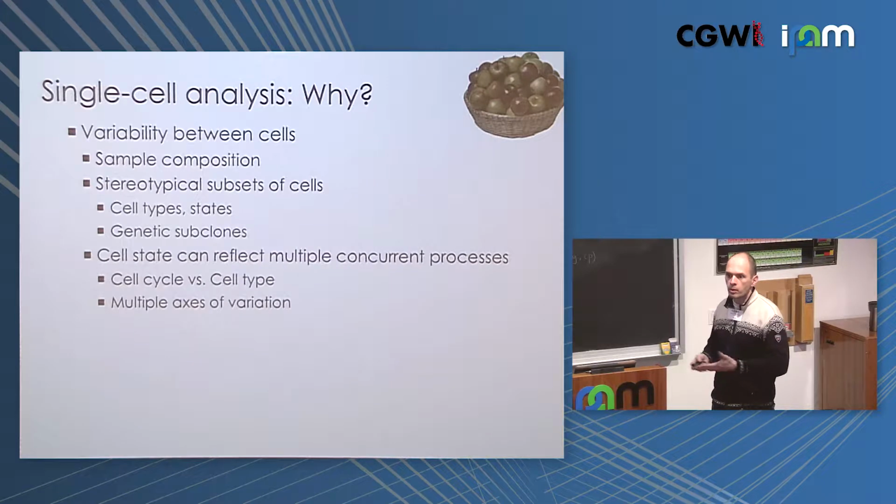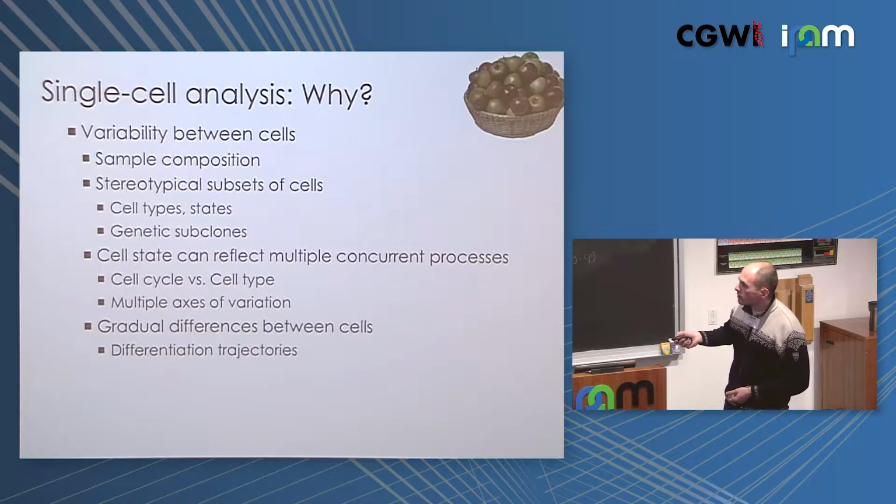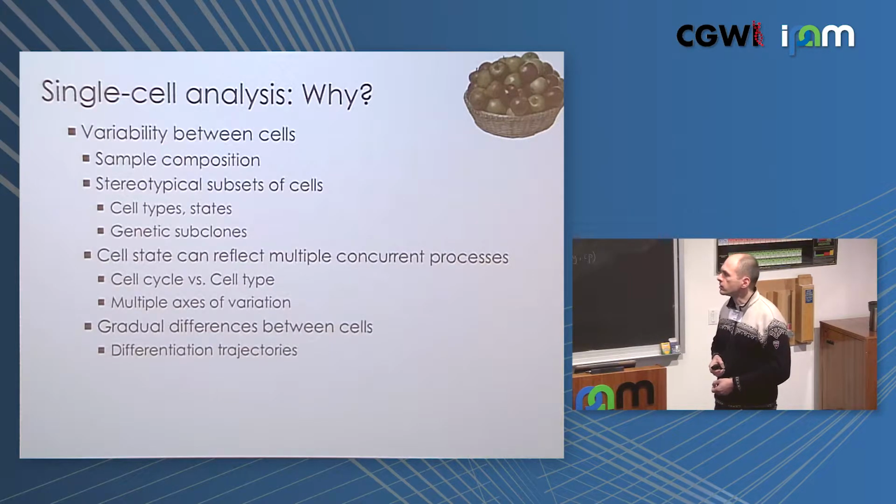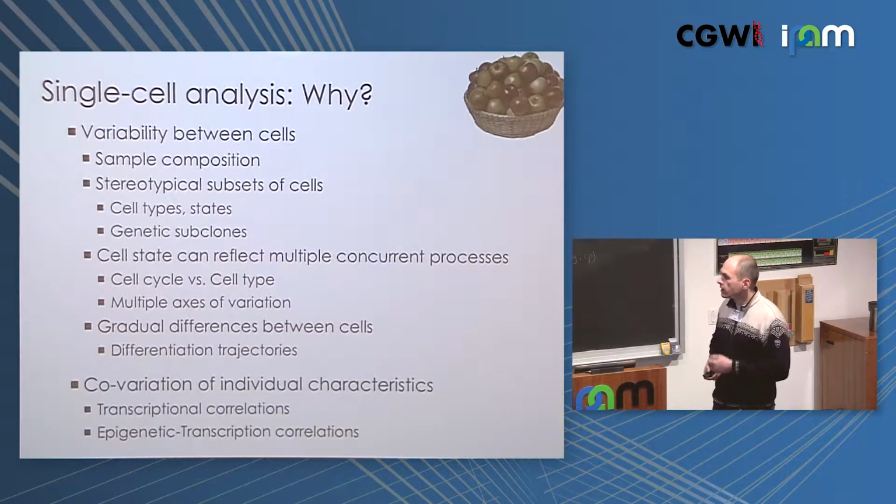Some of them are much more prominent than others, but it's important to keep in mind that there are probably multiple, sort of independent signatures that occur per cell, with some interactions between them. The other thing you see are gradual differences, right? So instead of discrete subpopulation units, you can have trajectories, you can have elongated clouds that reflect a gradual response to some external stimuli and so on.